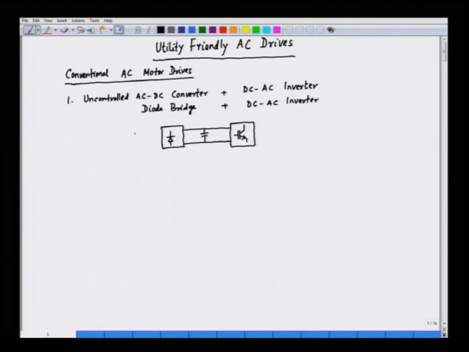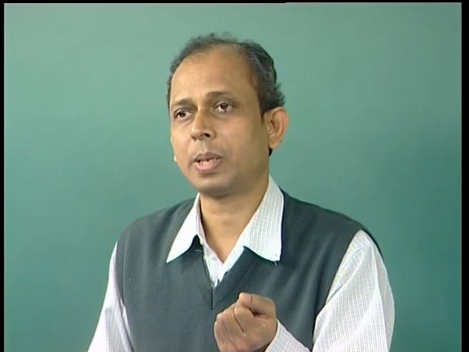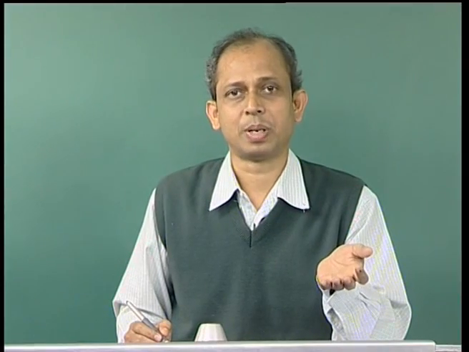And the input in this case could be a single phase or a three phase AC grid. When we have a low power application, say below 10 kilowatt, we can go for a single phase bridge.